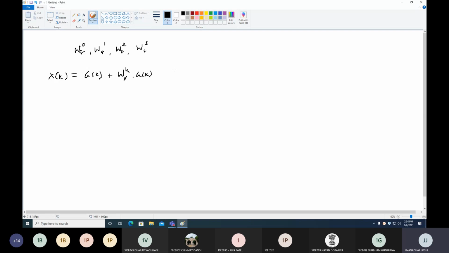So using this identity, I can write X of 0 equal to G of 0 plus W8 raised to 0 into H of 0. This is H, by the way, H of k. And similarly, if I write for X of 4, then this is equal to G of 4 plus W8 raised to 4 into H of 4, equals how much?